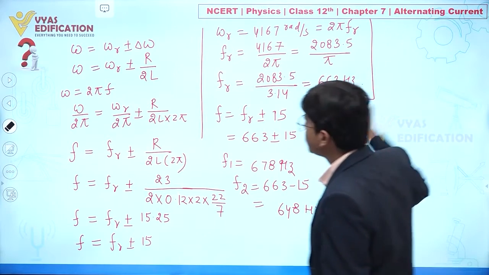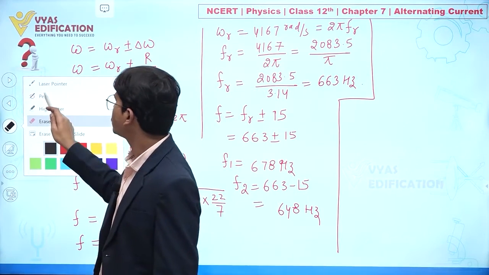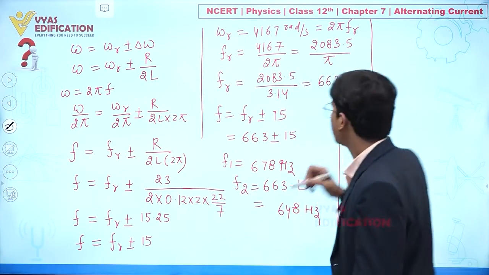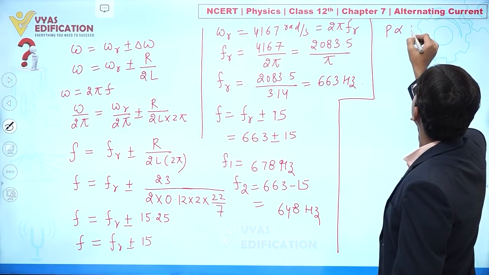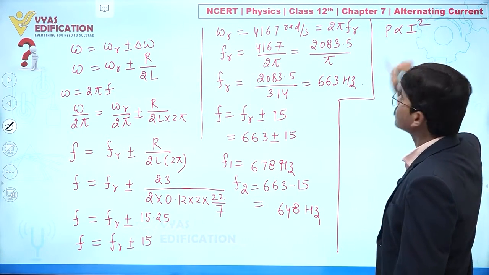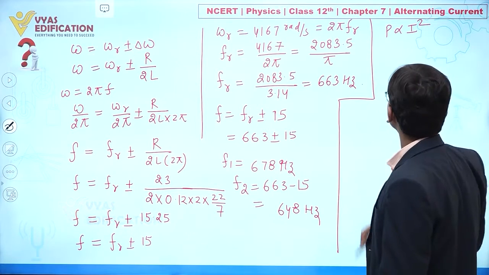We know at this frequency power is half of the maximum, and we know power is given by I squared R. So directly we can say power is directly proportional to I squared.